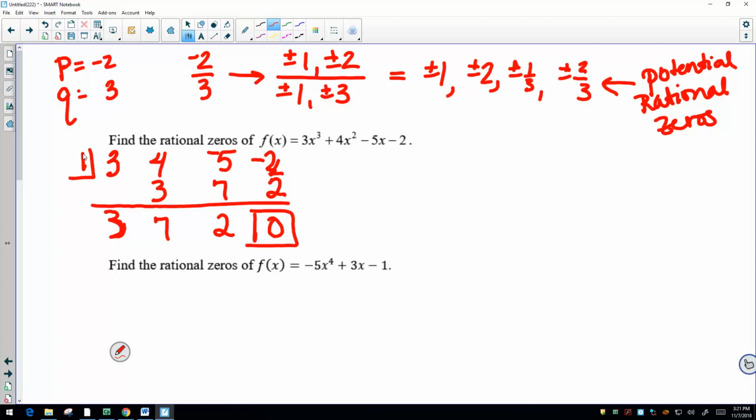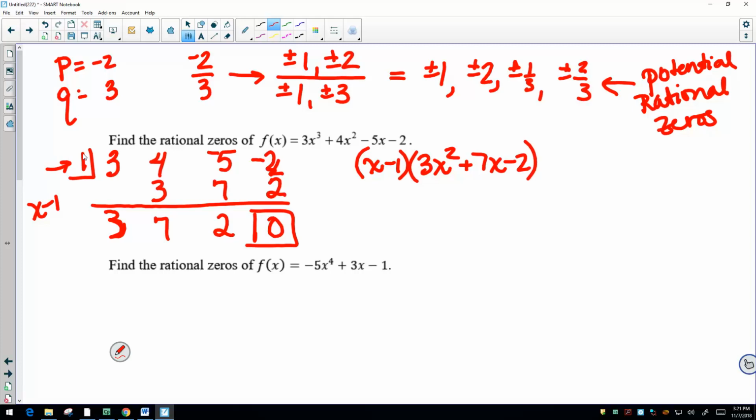So at this point, what I have, if I think about writing this perhaps as a polynomial, I would have this, think about where that came from. That really would come from x minus 1. There's your factor. Think about what we have as our quotient. Left we have 3x squared plus 7x minus 2.